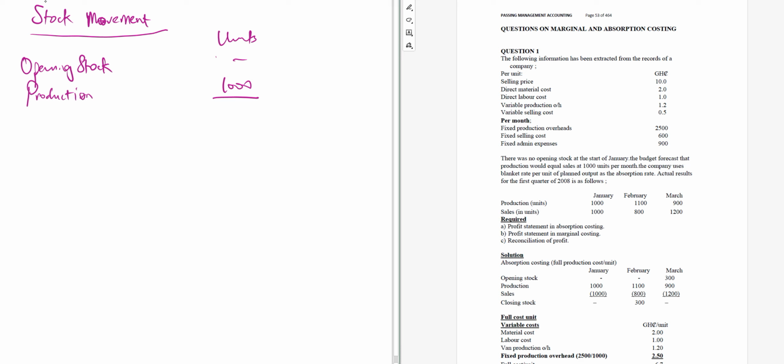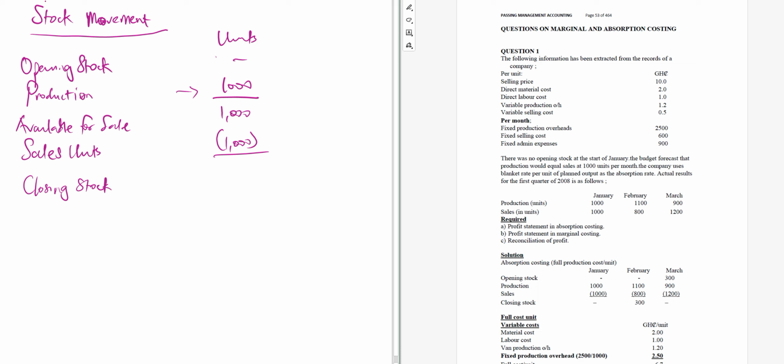If you have opening stock of nothing, then you produce 1,000 extra, it means the goods available for sale will be 1,000. How many units were sold? It also says 1,000 units were actually sold, so there will not be any closing stock. And you remember from our previous meeting that where there's no opening and closing stock, profit from absorption and marginal costing become the same.